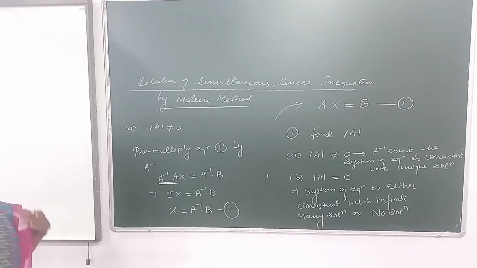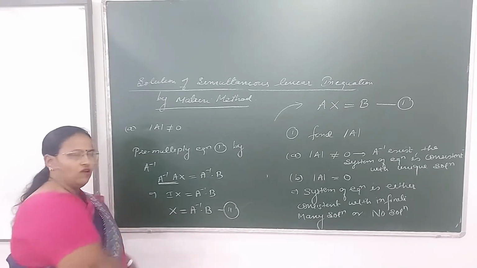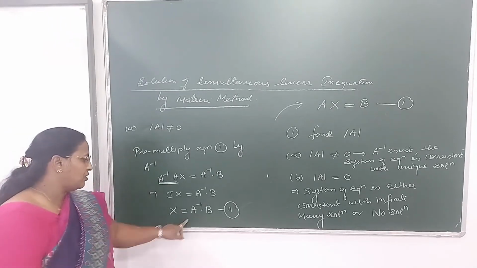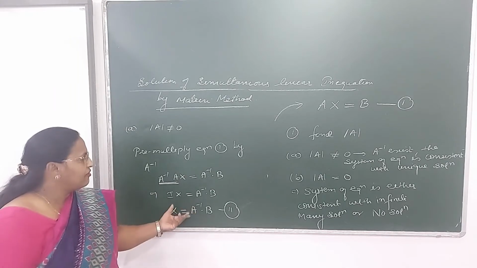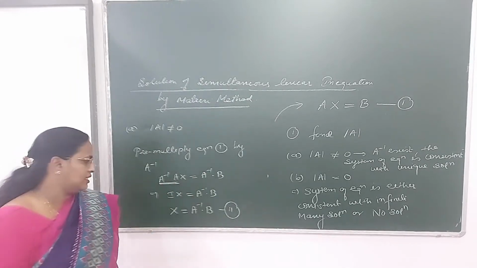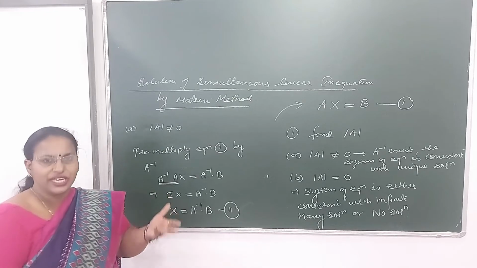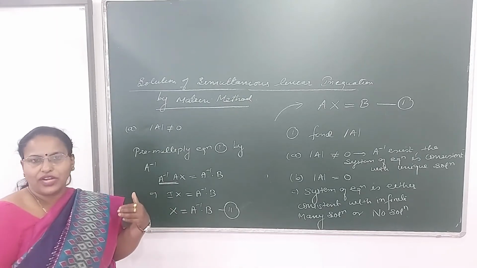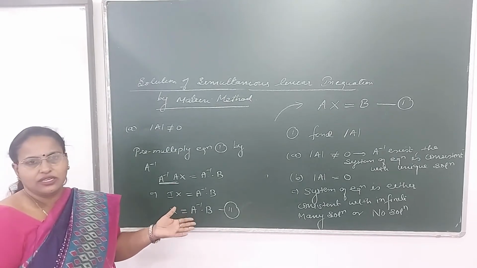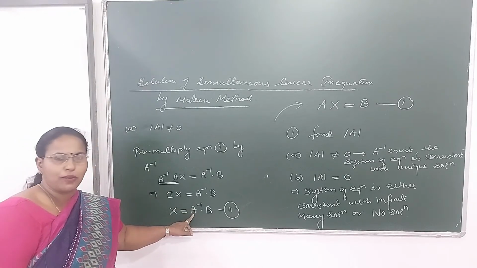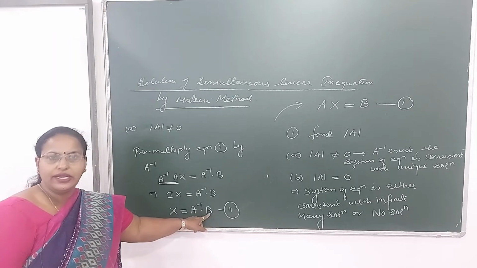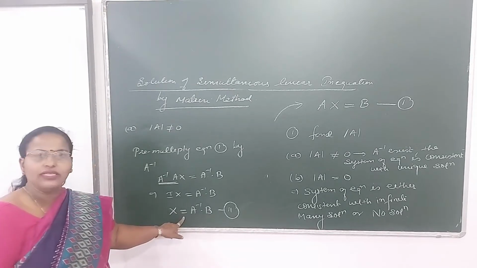Now after this step, everything is clear. What will you do? You will find out A inverse. For A inverse, determinant of A is required, which you have already calculated. For A inverse you need adjoint, so for that you will find out the cofactors. After finding A inverse, you will put it here in the proper place and multiply it, and finally there is an equal sign here.